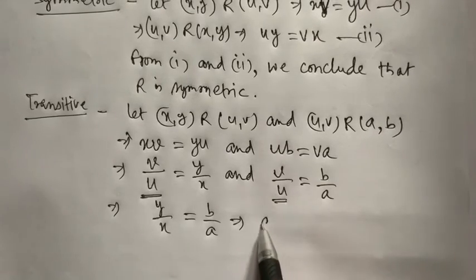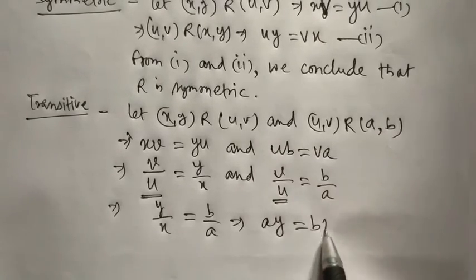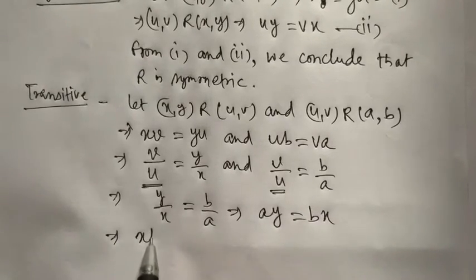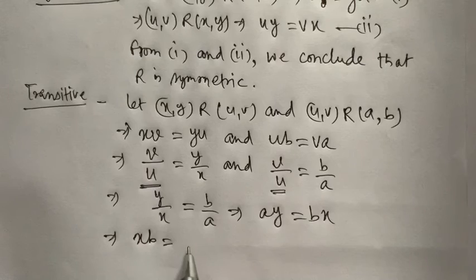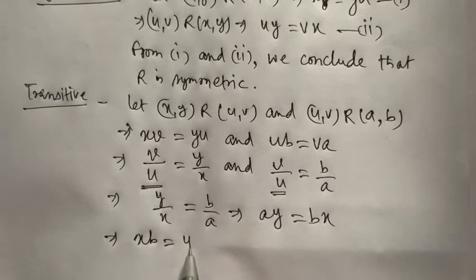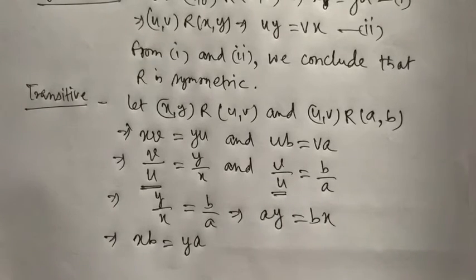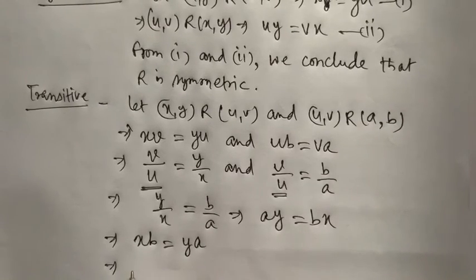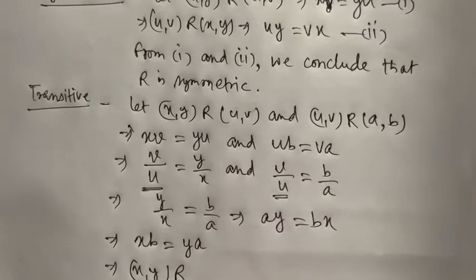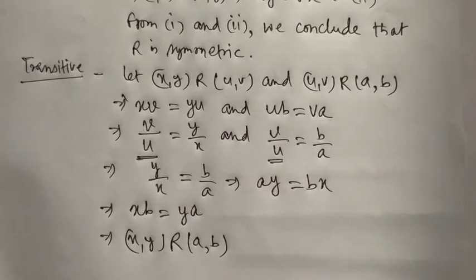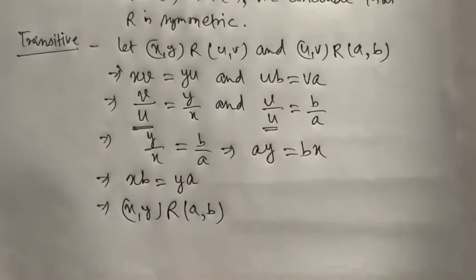This implies ay is equal to bx, or simply we will do some transformations there to obtain the exact thing, which is xb is equal to ya. Then we can write (x, y) R (a, b), and this proves that R is transitive.